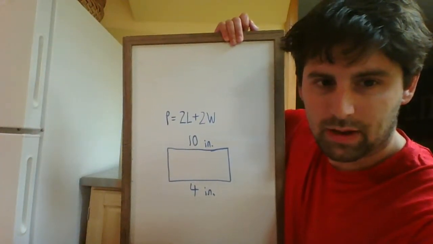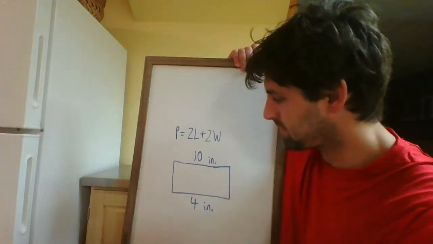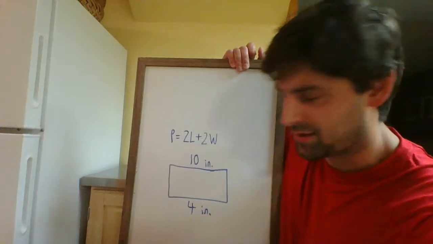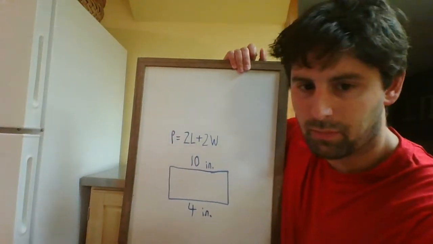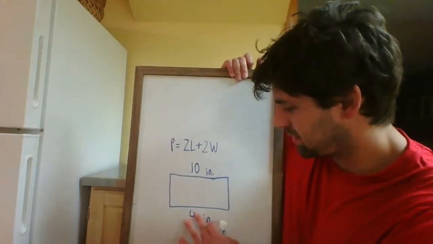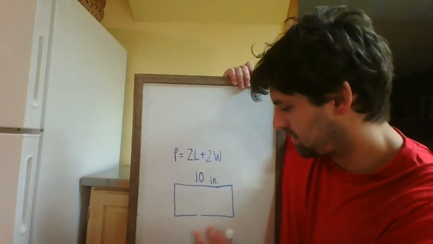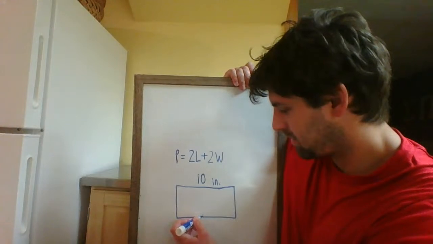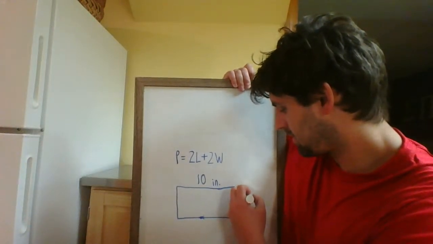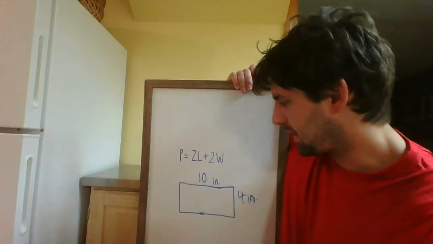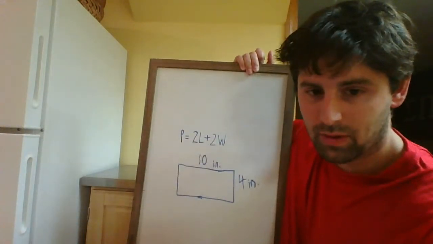P equals 2L plus 2W. The perimeter is simply the distance around the outside of the shape. So for a problem like this, you got to add the lengths and you got to add the widths.